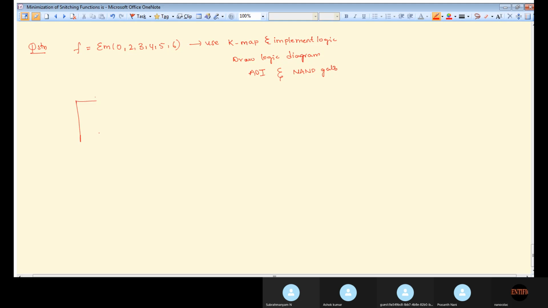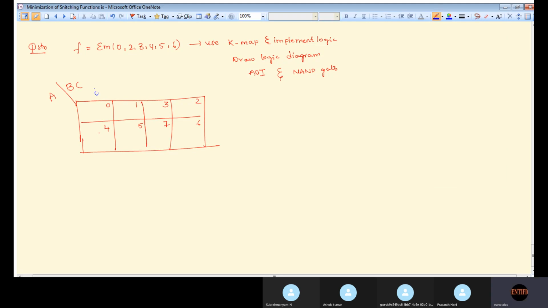First, what you have to do, K-map ABC. Okay. The function is 0, 2, 3, 4, 5, 6. 1, 2, 3, 4, 5, 6, 7.